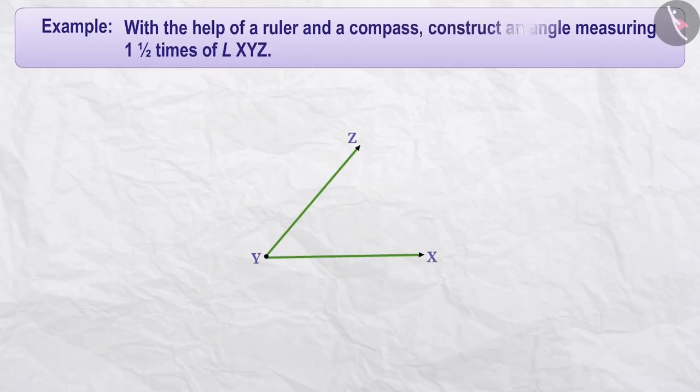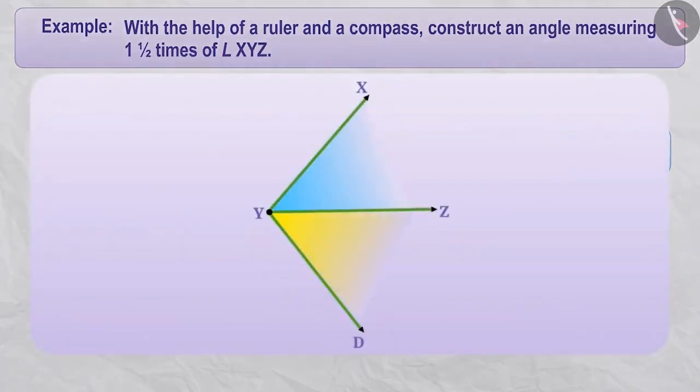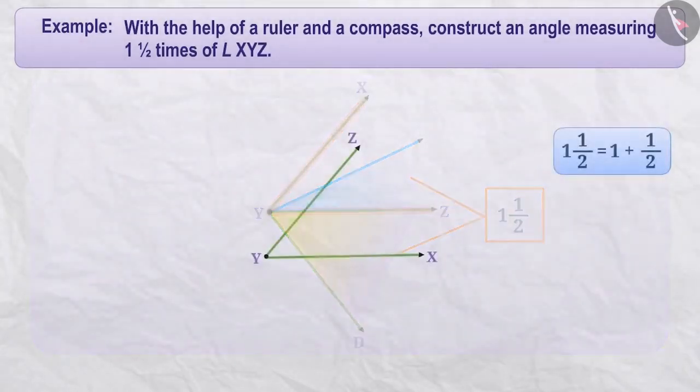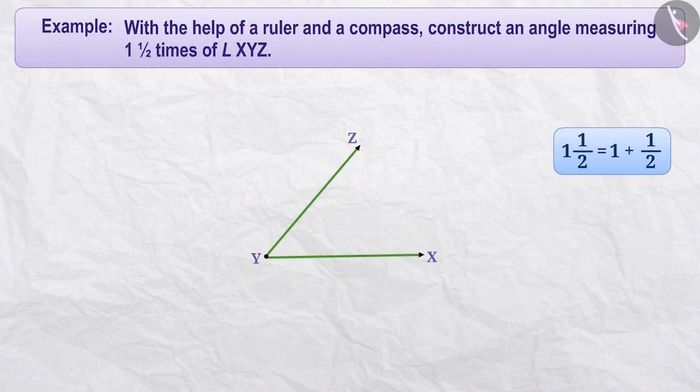Here we have to draw an angle 1.5 times larger than the given angle. 1.5 means 1 plus half. If we draw an angle equal to the given angle and then bisect one of the two angles, then we get one full angle and one half angle, which together will form an angle 1.5 times larger than the given angle. Let us understand this by constructing an angle.